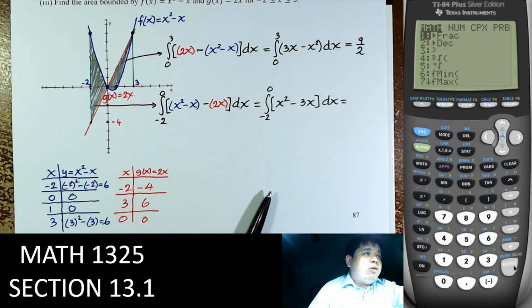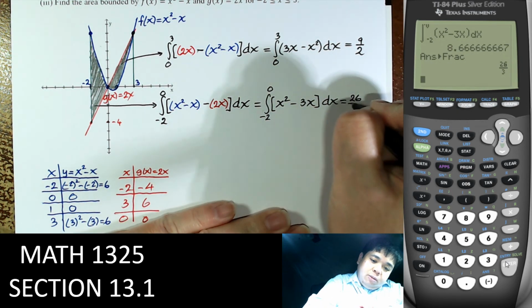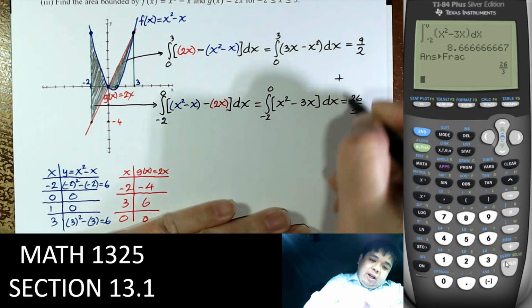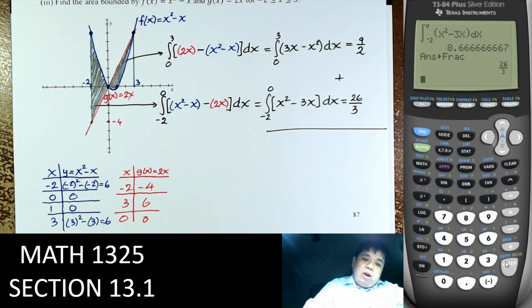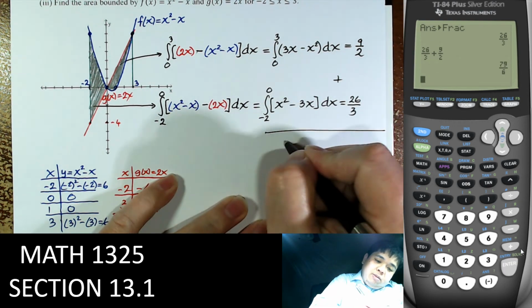Convert that to a fraction, 26 over 3. And add these two together, the total area is 79 over 6.